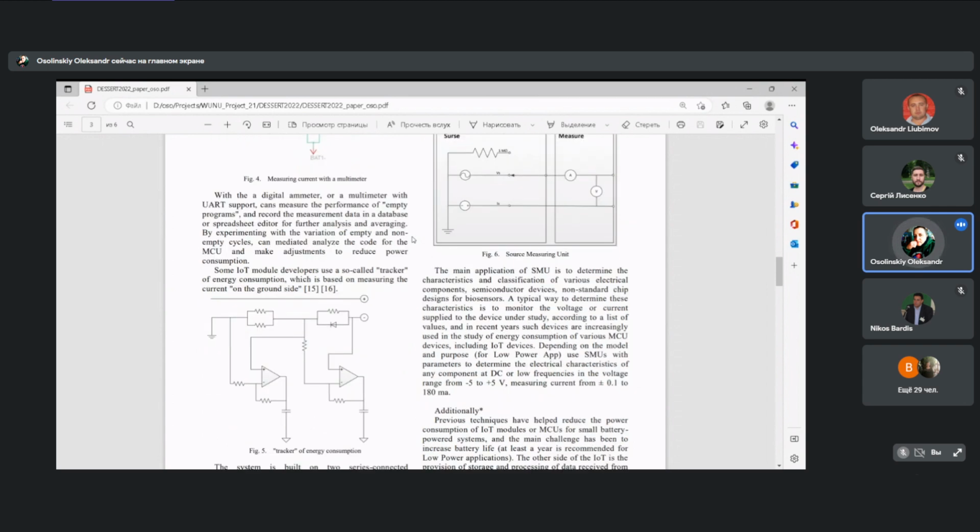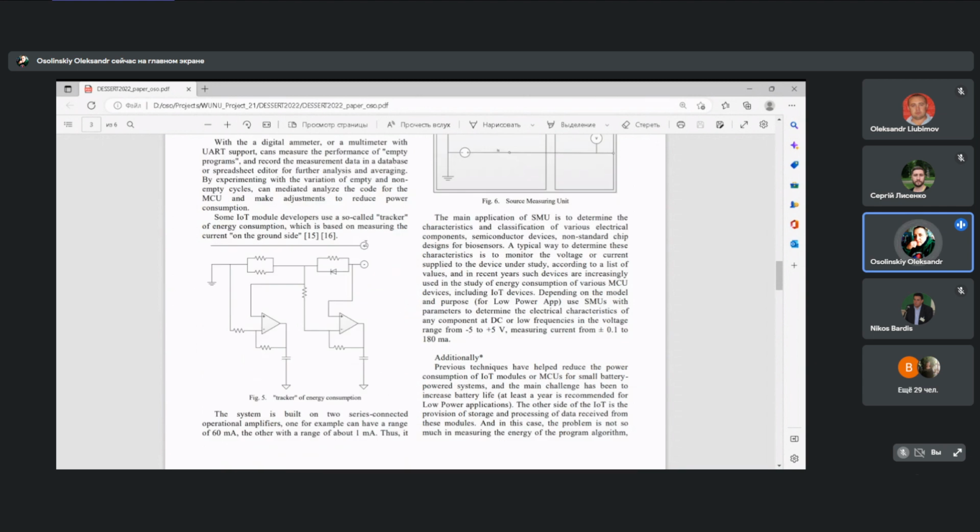One moment about these devices: they are not cheap, and not all researchers can get them, because they are expensive.